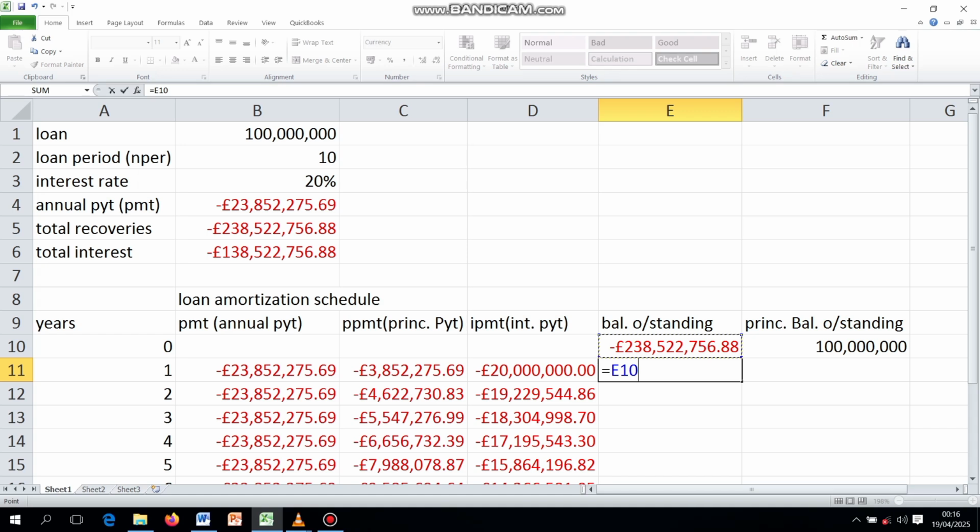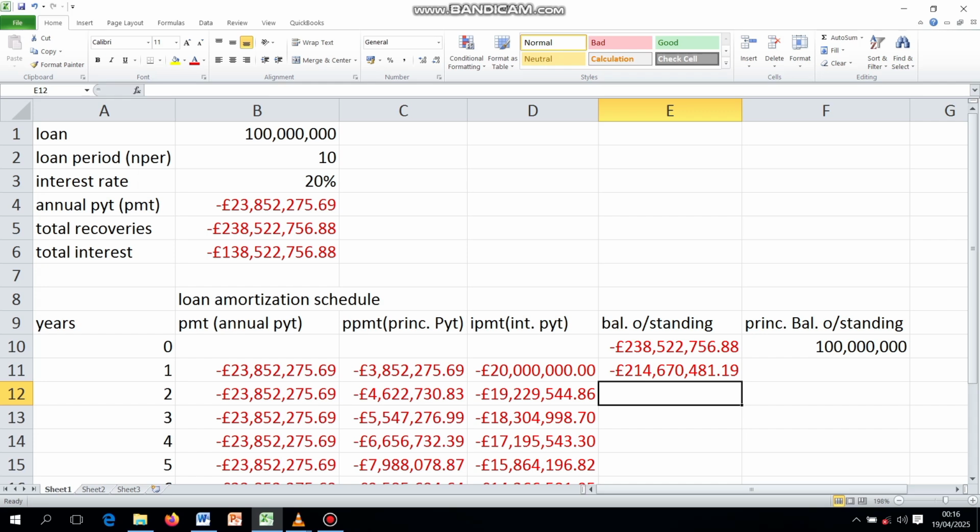Then I'm going to subtract it from the annual payment. Then I will get this. After doing this, I subtracted it because this is in negative.